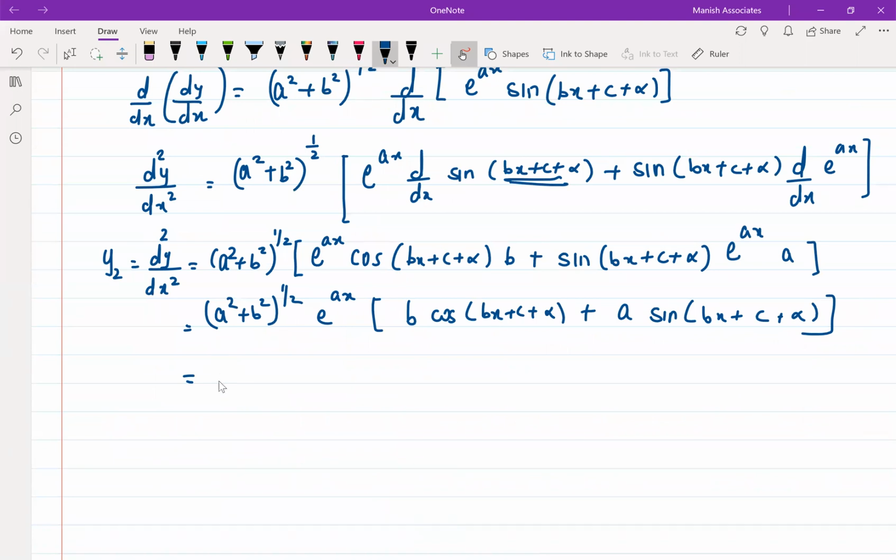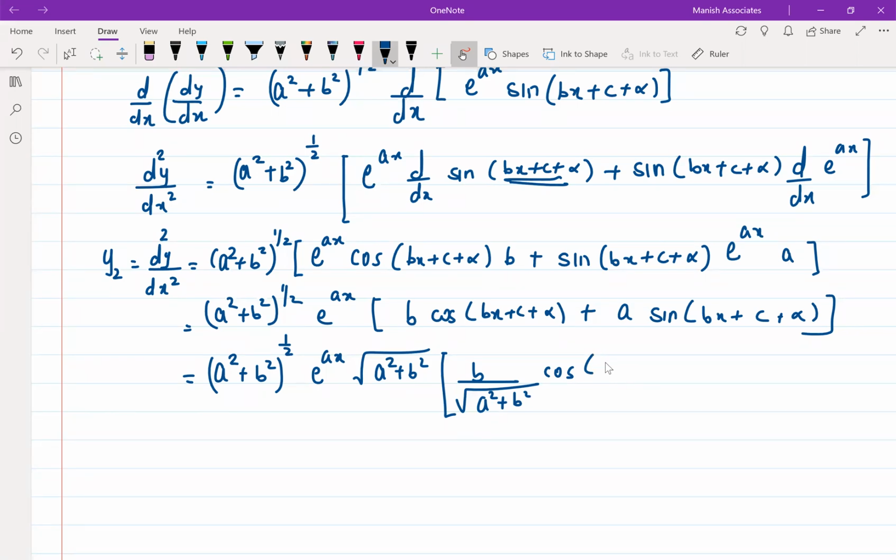I'll multiply numerator and denominator by root of a square plus b square. This will be b upon root of a square plus b square into cos of, into sine of.